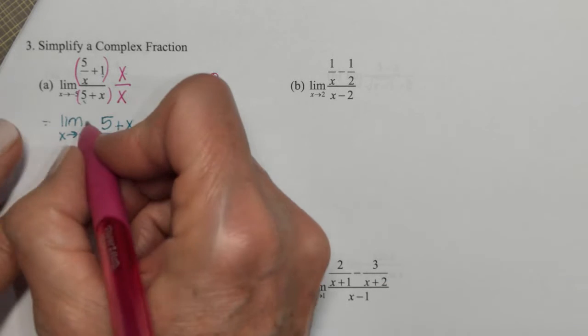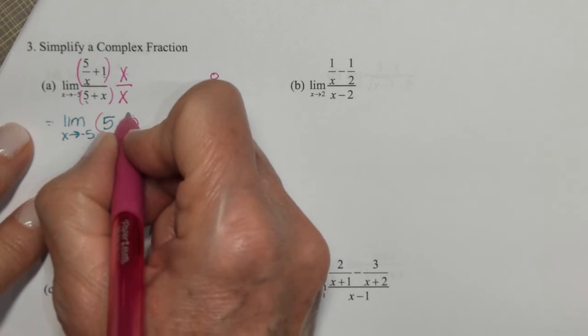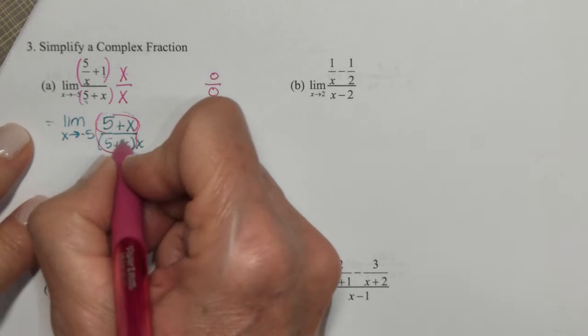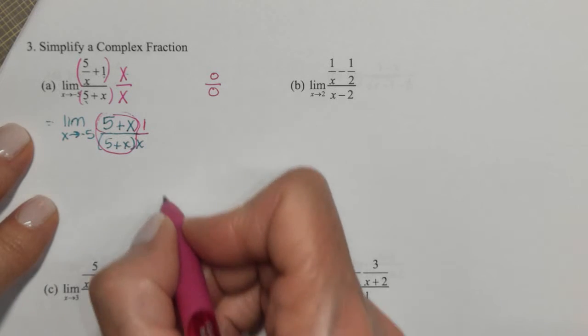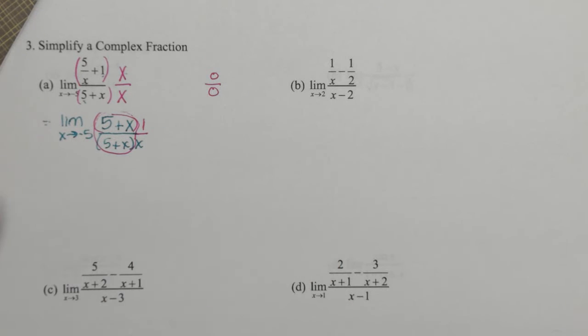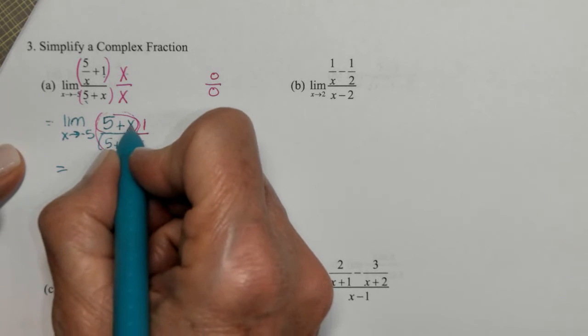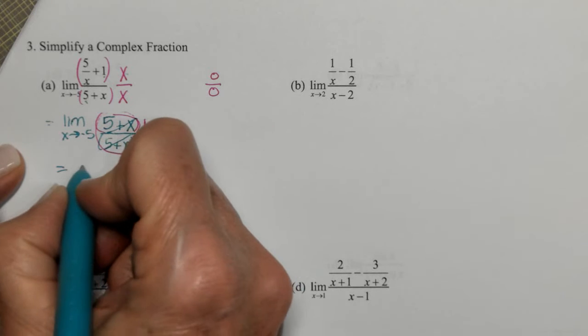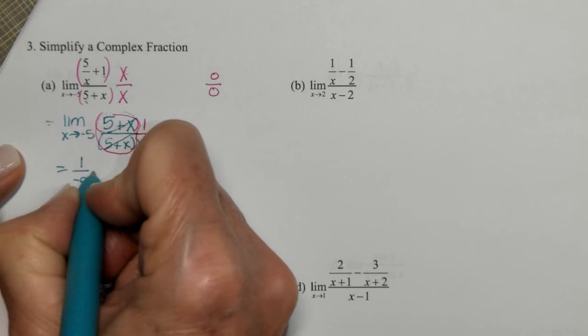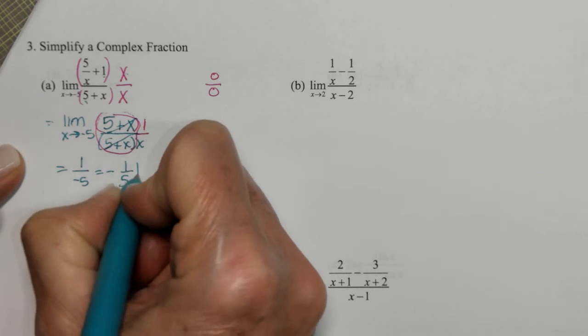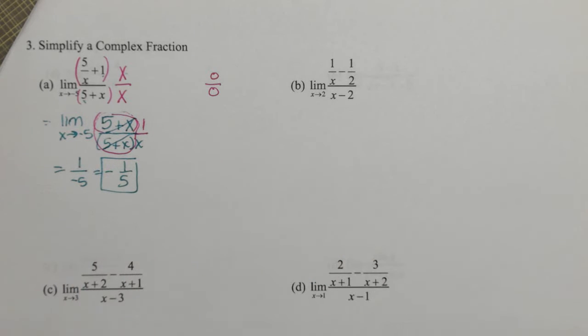So I see my hole now. There's the hole right there. We can reduce it, and it leaves a 1 on top and an x on the bottom. So put -5 into the remaining x after those cancel, and we're left with 1 over -5, which on a multiple choice answer they would call it -1/5.